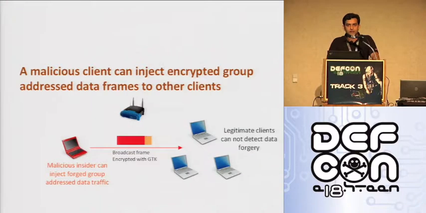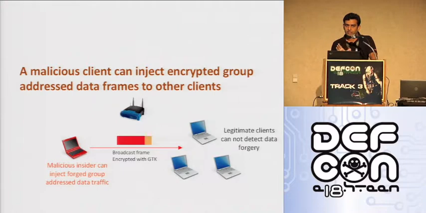Which means for a malicious user, a broadcast frame is available which that malicious insider can generate and send to all other Wi-Fi client devices. But Wi-Fi client devices are programmed to receive packets from the access point, not from other Wi-Fi client devices.